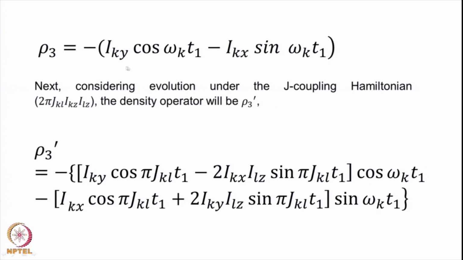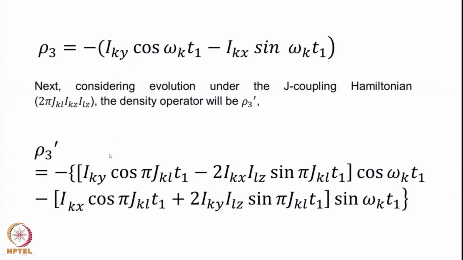Now we have to consider this further for evolution under the coupling. Next, considering evolution under the J coupling Hamiltonian, which is 2 pi jkl IKZ ILZ, the density operator will be, let us say, rho 3 prime. So rho 3 prime will be given by, keeping this minus sign as before, and now we evolve the individual operators under the coupling.